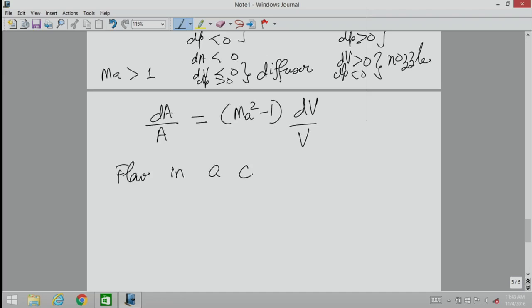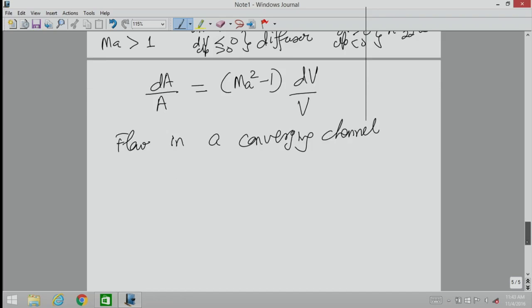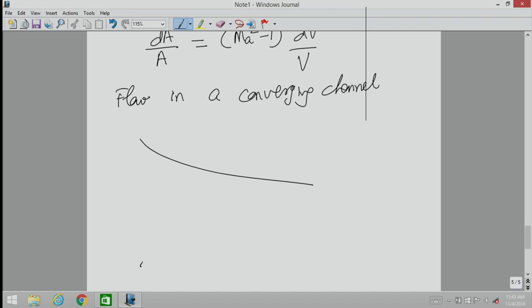So, this we observe as a very interesting effect, when we see flow in a converging channel, let us now apply this. So I have a flow like this. It starts from a value P1. This is the exit, and the pressure here is, let us say, PB.